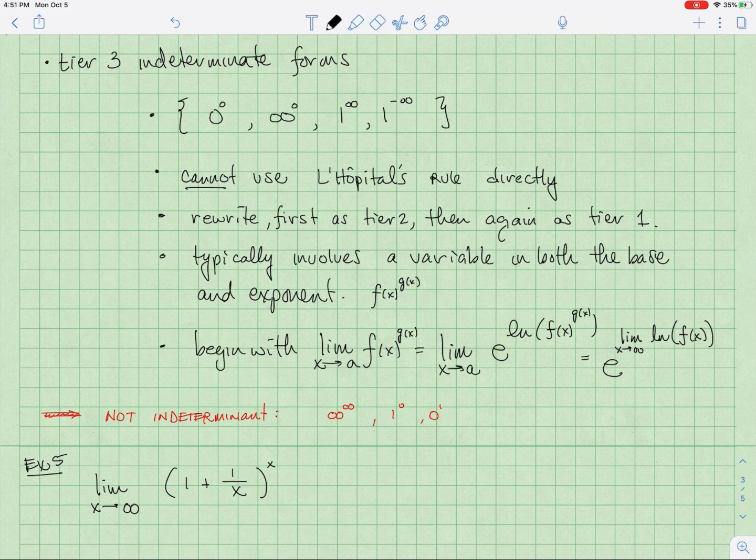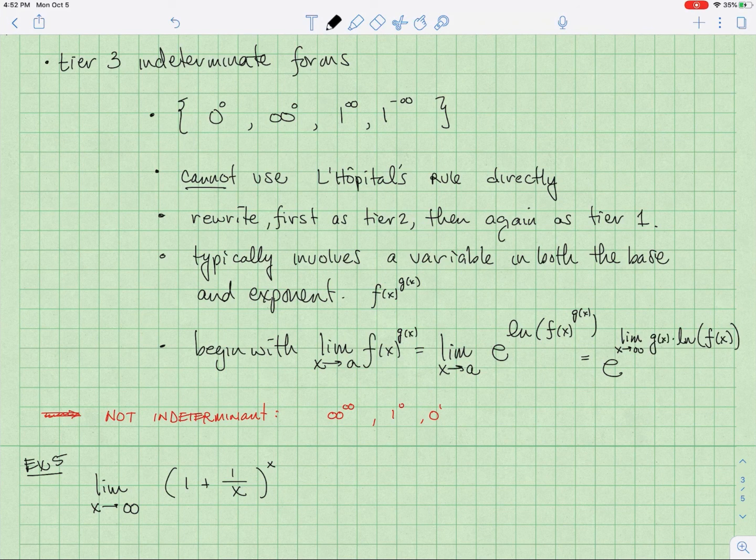You are going to use the fact that that is equivalent to the statement the limit as x approaches a of e to the natural log of f of x raised to the g of x. And that'll allow you to bring your power down as a coefficient.